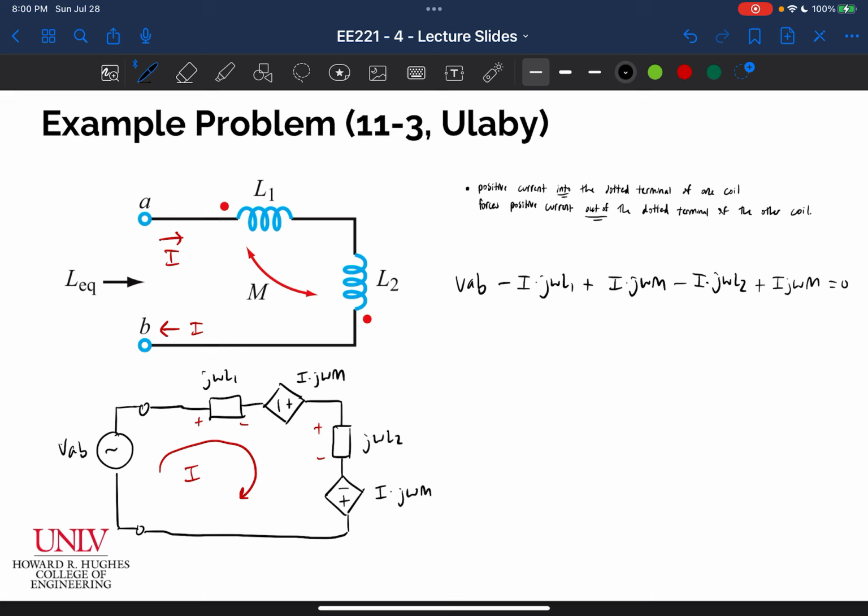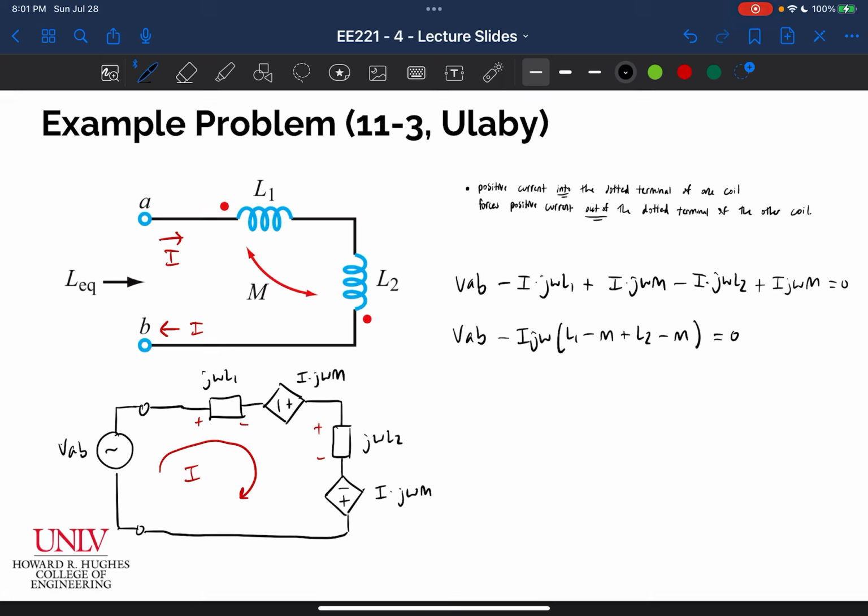Okay, so you can see that I can factor an I and a J omega out of all of these terms other than VAB. So I'm going to write VAB, and then minus I times J omega. I'll factor I times J omega out of all of these. And then I'm left with L1 minus M plus L2 minus another M, and that equals 0.